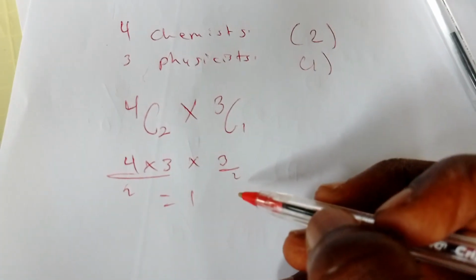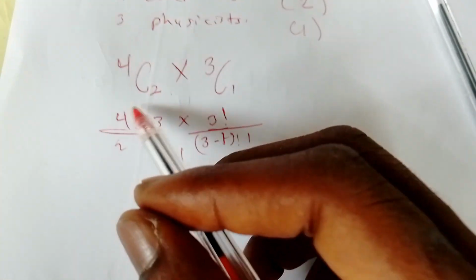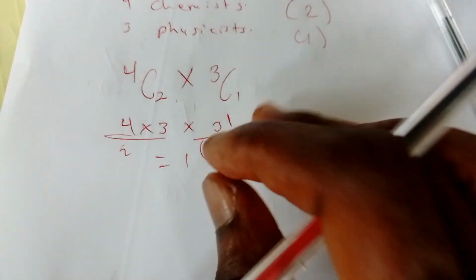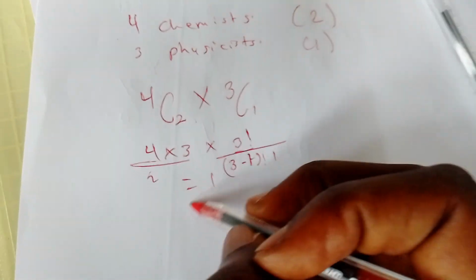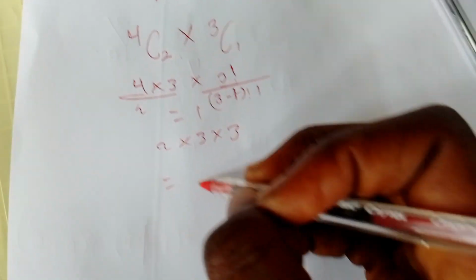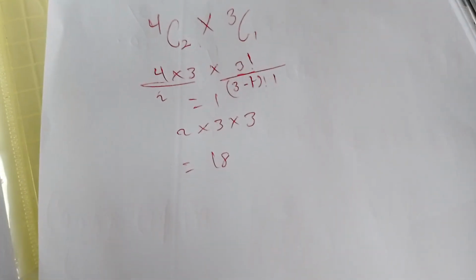So the same thing: this one gives you 6, and this one gives you 3. So you get 6 times 3, that's 18.